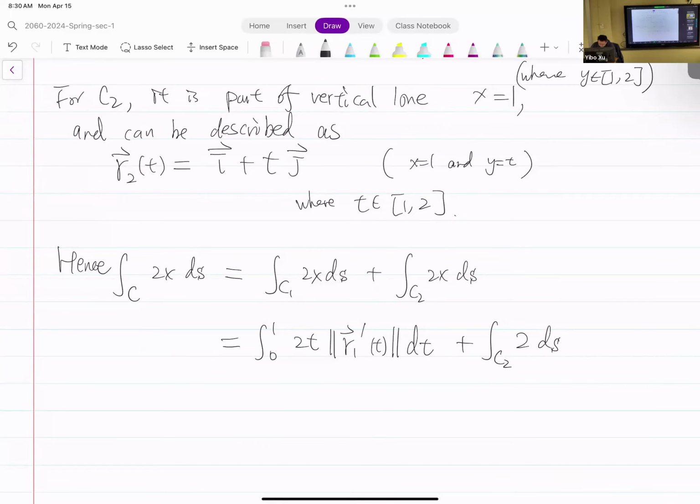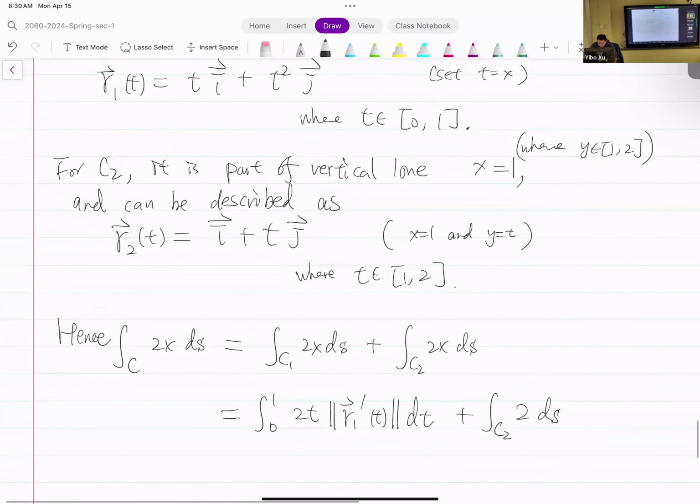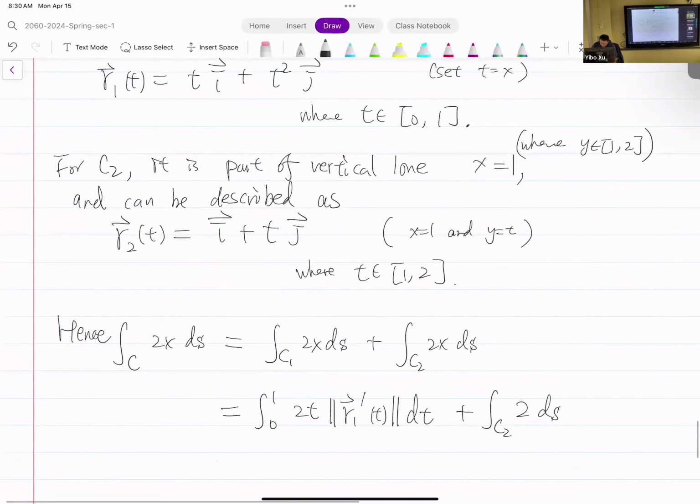So let's put the things down. We will still want to keep r1 there. So this is equal to the integral from 0 to 1 of 2t, and then for the magnitude of r1 prime, this is going to be the square root of the derivative of each component squared. The derivative with respect to t of the first component is 1, and we square that.